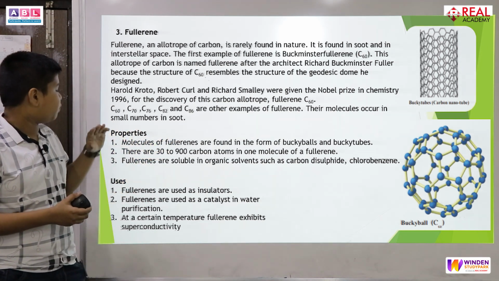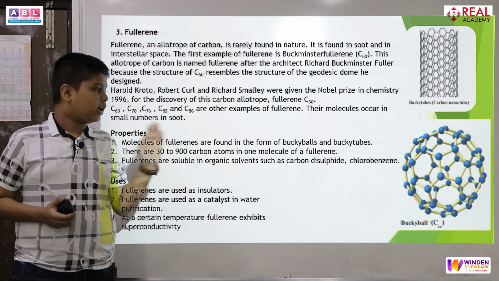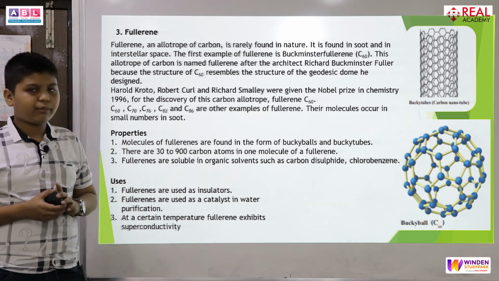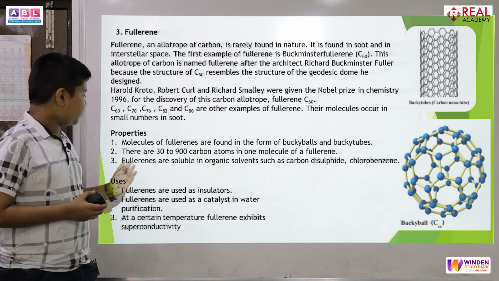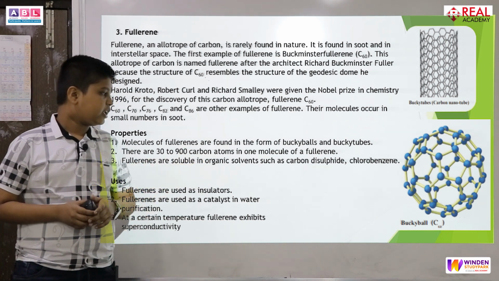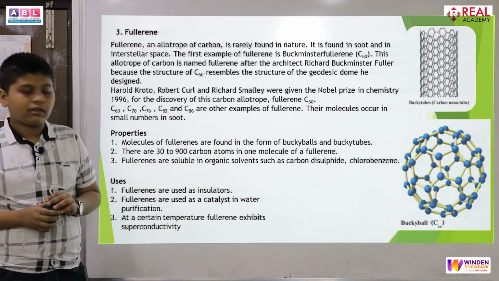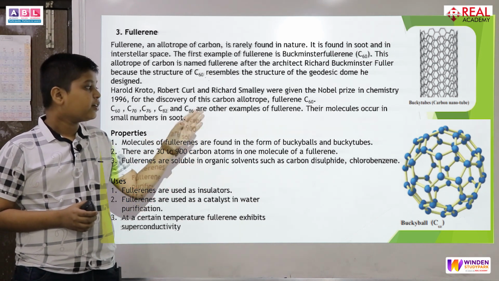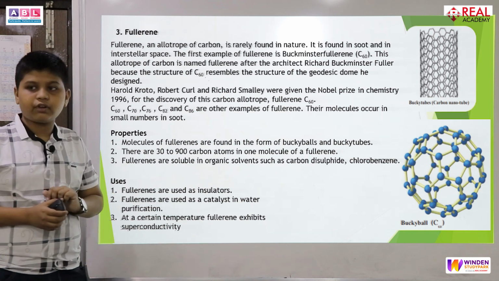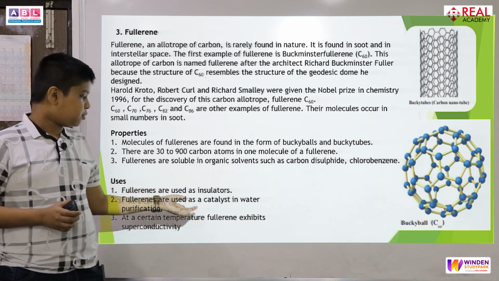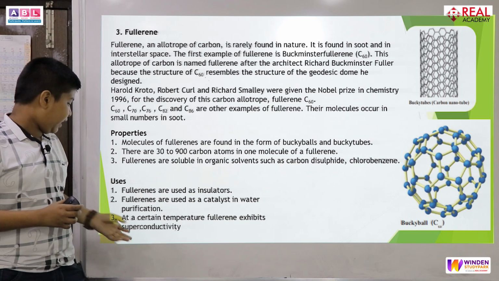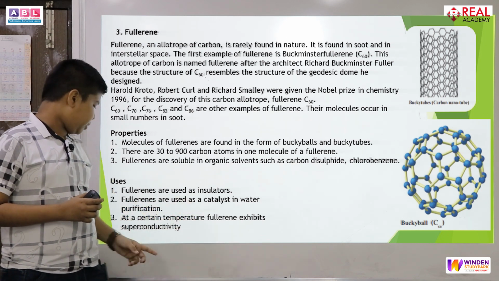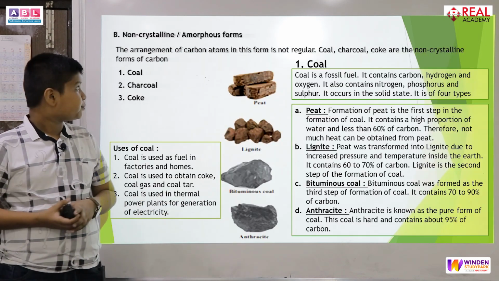The properties of fullerene: molecules of fullerene are also found in the form of buckyballs and buckytubes. Fullerenes are also soluble in organic solvents such as carbon disulfide. Uses of fullerene: it is used as an insulator. At a certain temperature, fullerene exhibits superconductivity.